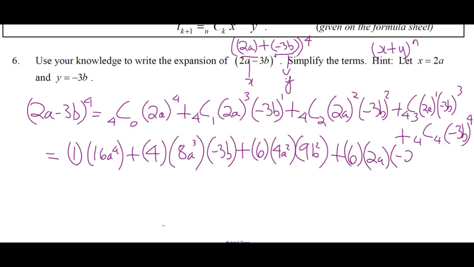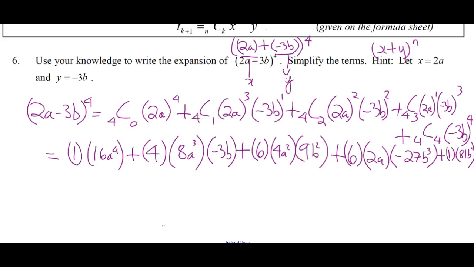And negative 3b cubed is negative 27b cubed. That's right, negative 3b quantity cubed. Plus 1. And this is 81b to the 4th. It's positive, so it's negative 3b quantity to the 4th: negative 3b times negative 3b times negative 3b times negative 3b.